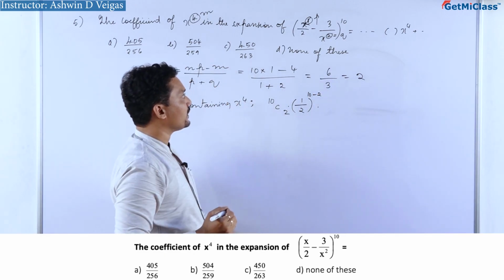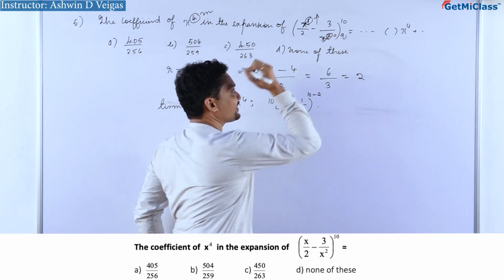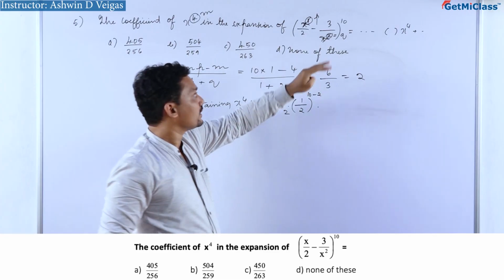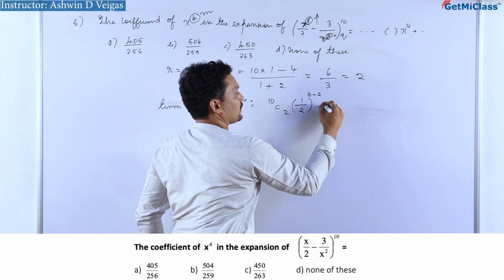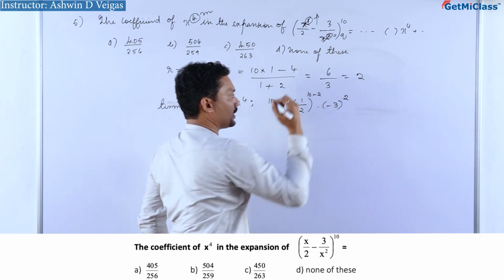Into, finally the same thing, go to the second term, forget the x term, x square, whatever, and just write the coefficient other than the x term. It is minus 3, power, here you write again the value of r.